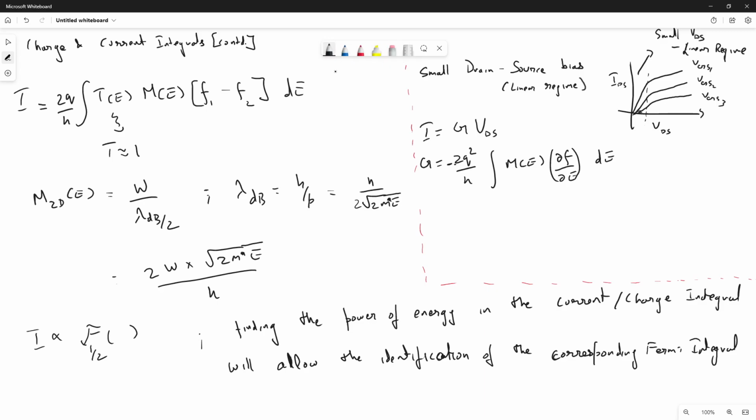In that case, what will happen? If I take the derivative of a Fermi integral, do you remember that property? Right now I don't remember it. So essentially what happens is if I take the derivative of this integral with respect to eta f, the order will reduce by 1.